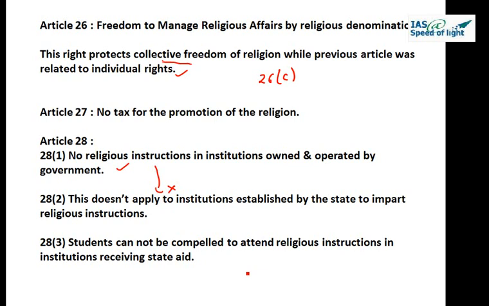In these institutions, the students cannot be compelled. It will be on a voluntary basis, and if the student is a minor, the consent of his guardian will be required. So this is what Article 28 talks about.